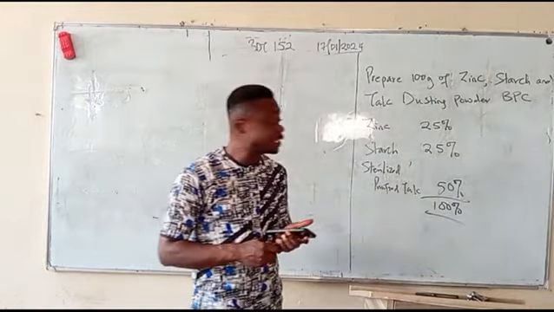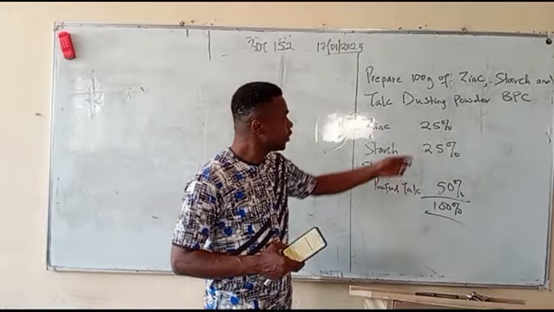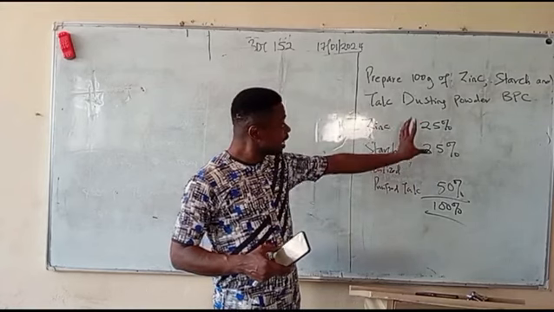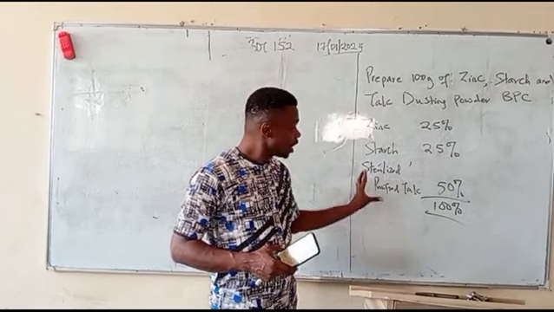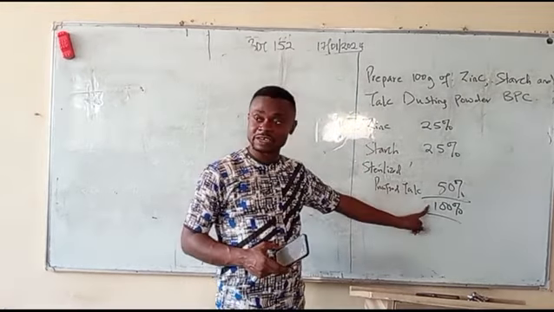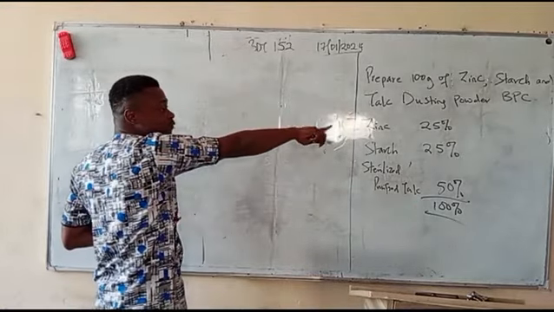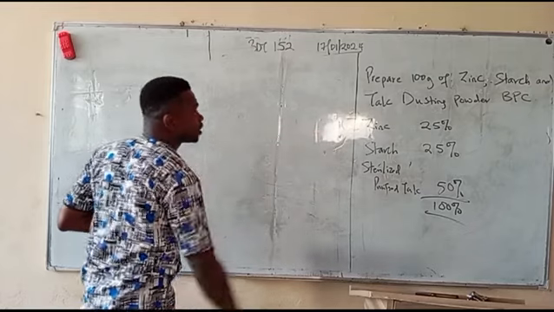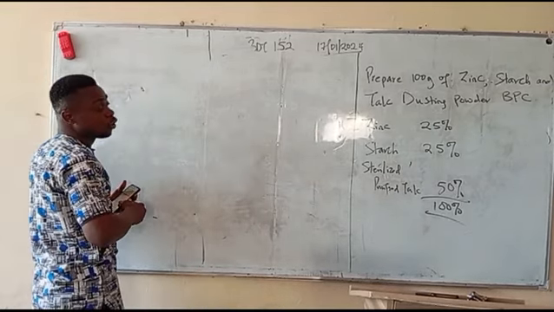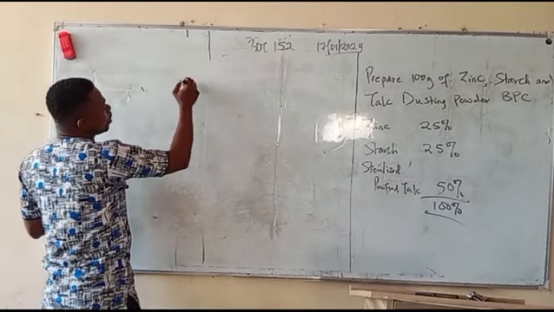So we move this percent to grams. Inside this formula you are given, zinc is 25% of the 100, right? The entire product is 100%.